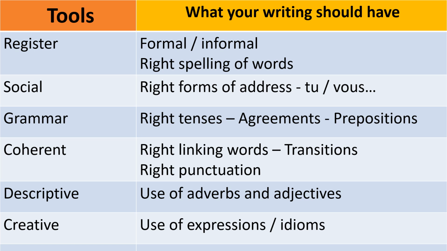The descriptive tools, remember, it's all about the adverbs and the adjectives to give or to provide more information and to add some color. That's what I would say, some color to your writing. And to be a little bit creative, you can use expressions and idioms in your writing. And when you reach a higher level, you can have puns, which are play on words, metaphors, and so on, but we're not there as yet.